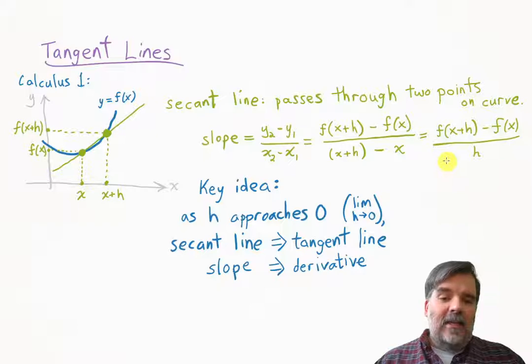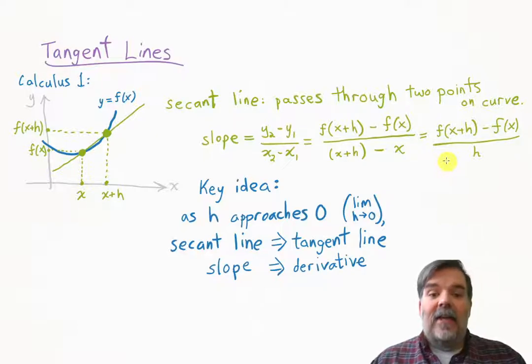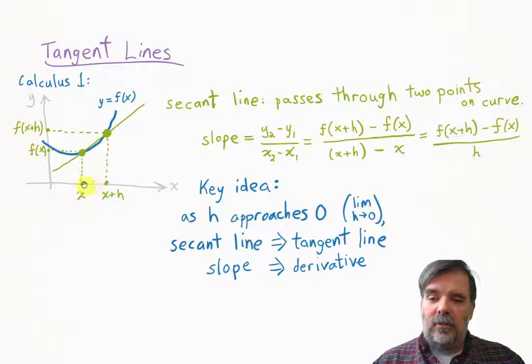Now, one of the key ideas in calculus is the idea of a limit. As this value h approaches 0, and as that gets smaller and smaller, these 2 points move closer together, and that's indicated with the notation limit as h approaches 0. The secant line becomes a tangent line. A tangent line only intersects a curve in a single point.